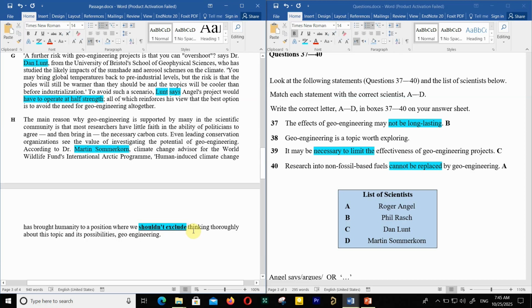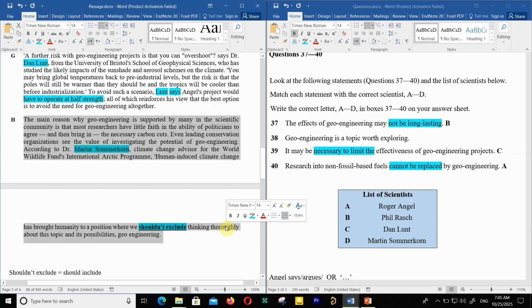They use a double negative, so 'shouldn't exclude'. Let me write it down for you. Shouldn't exclude means that you should include. They use a double negative to make you confused.